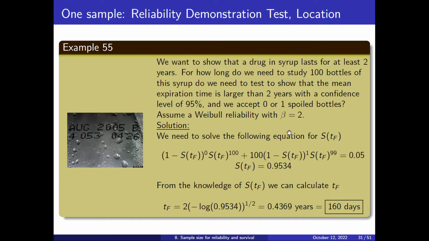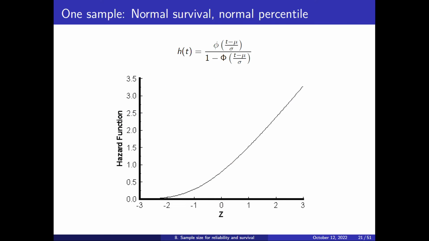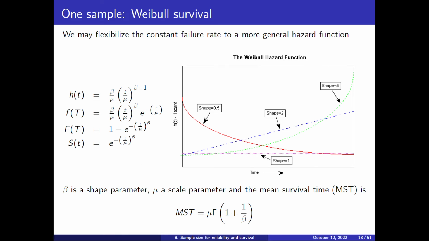So we will assume that we have a Weibull reliability with beta equal 2. So beta equal 2, let us go back to this one. So beta equal 2 is this one. It is one in which the hazard rate increases with time. The one that we had before was the exponential, in which the hazard rate is constant.